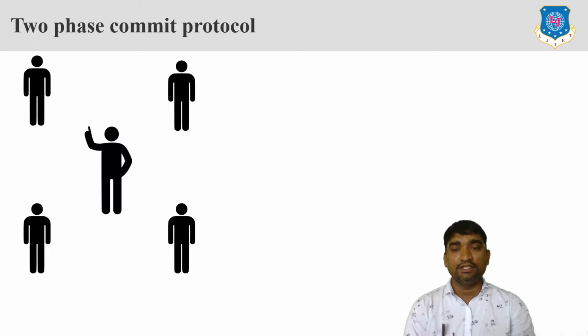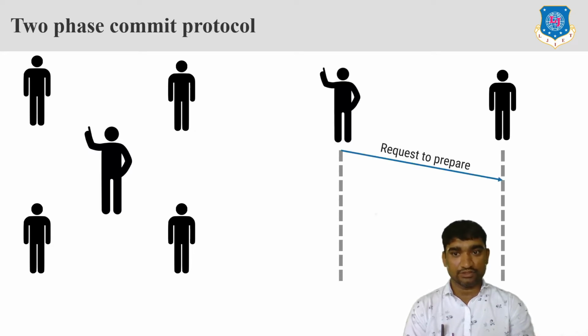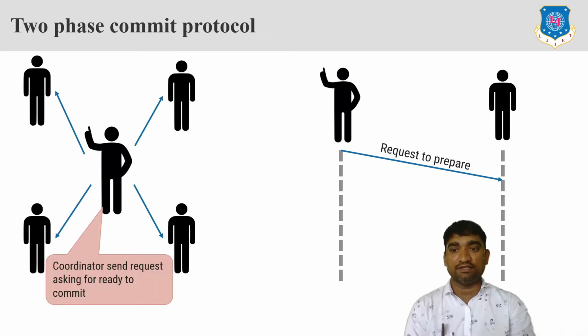In the diagrammatic representation, you can see there are 5 nodes available. One is the coordinator, the centralized node, and the other 4 are participants. The coordinator requests the participants to prepare, asking whether they are ready to commit. If the work divided among the participants is completed, they send a reply saying ready to commit.